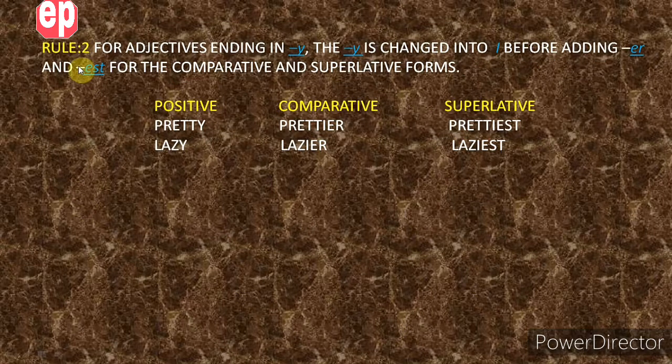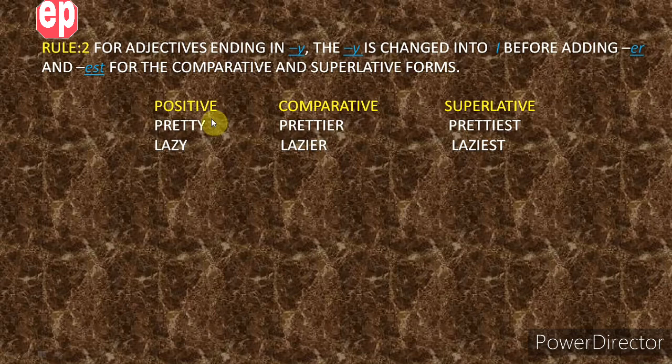Now let's try to understand rule number 2. For adjectives ending in y, the y is changed into i before adding er and est for the comparative and superlative forms. For example, pretty, prettier, prettiest, lazy, lazier, laziest. Look at the comparative word.